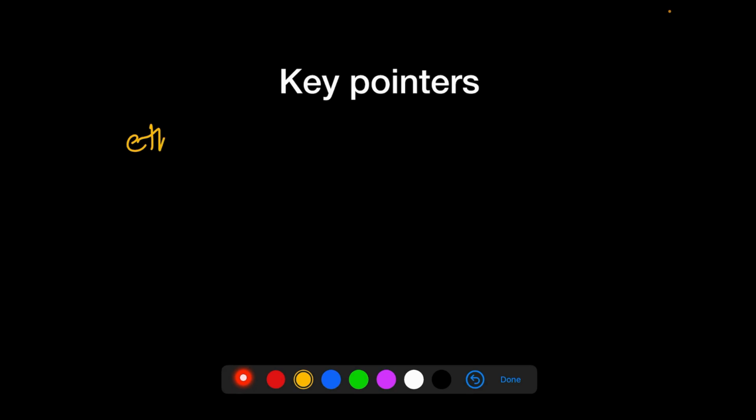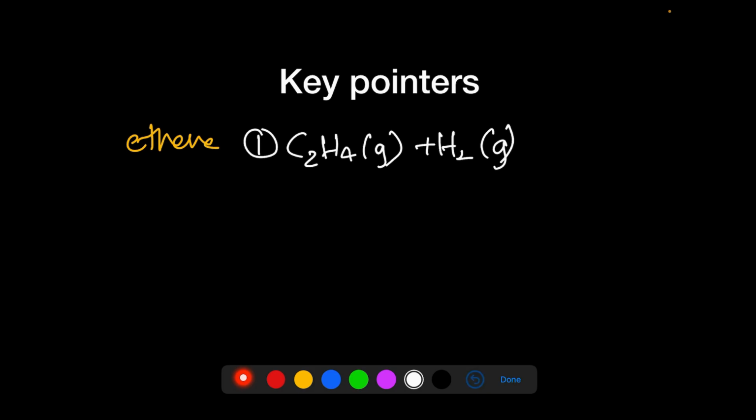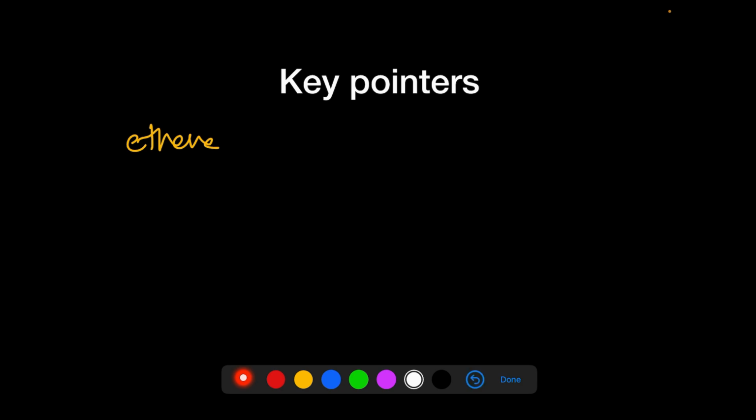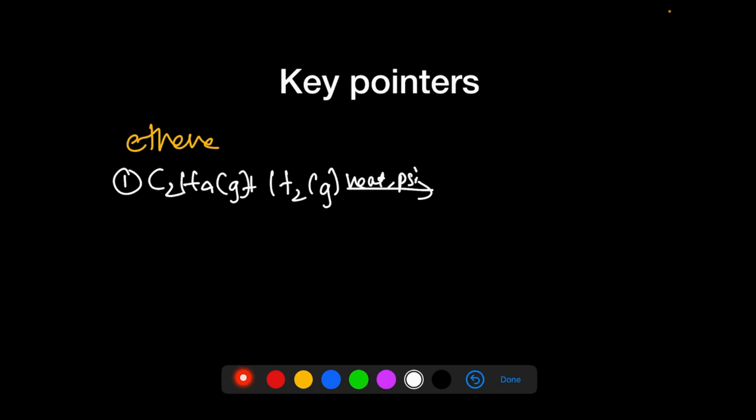Now let's take ethene. First reaction to remember: C2H4 gas plus H2 gas, with heat, pressure, and nickel as a catalyst, gives C2H6, which is also a gas. We'll include state symbols today because state is a part of identity.